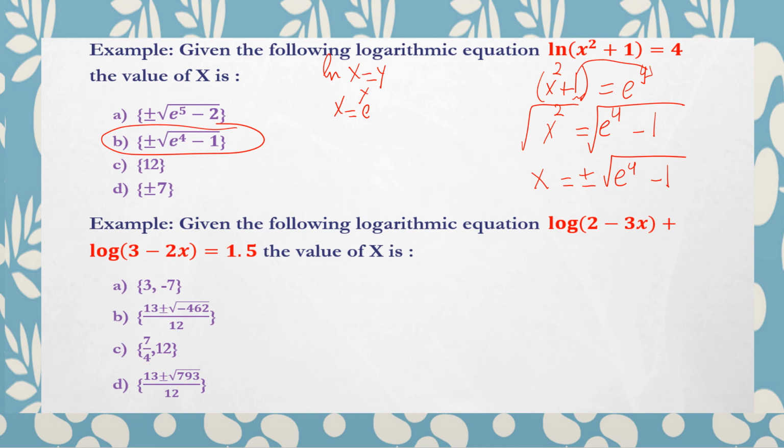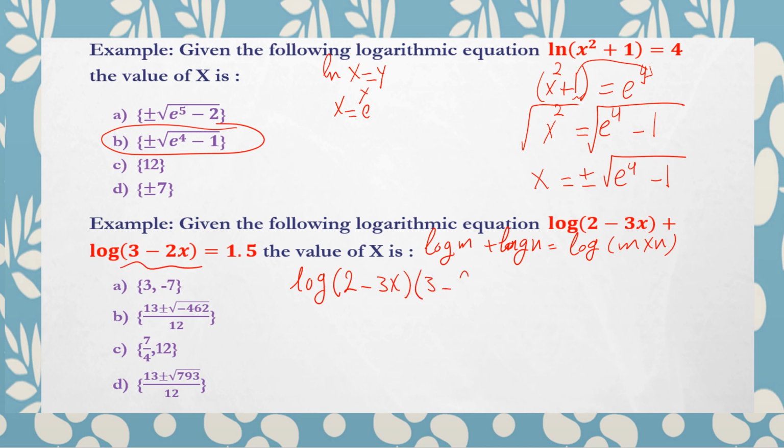Another example, given the following logarithmic equation, log of 2 minus 3x plus log of 3 minus 2x equals 1.5. And again, by recalling the property that when we have log m plus log n, this means log of m times n. So log of 2 minus 3x times 3 minus 2x equals 1.5.